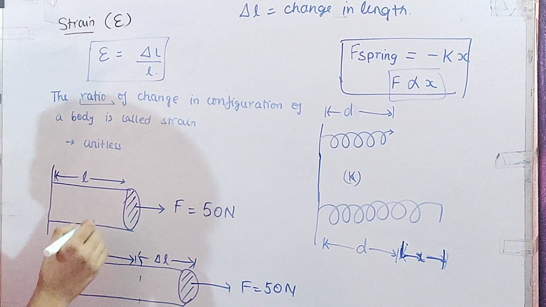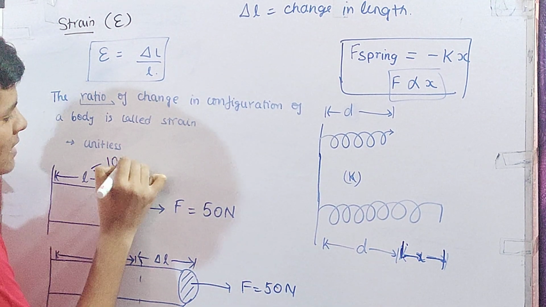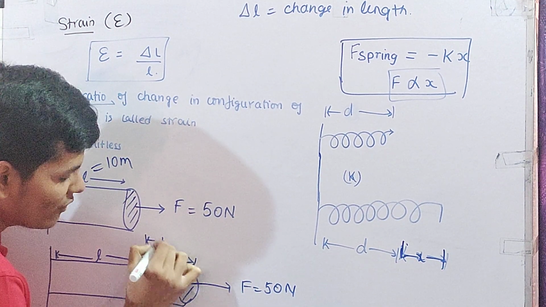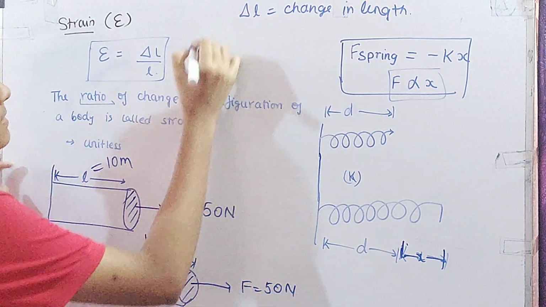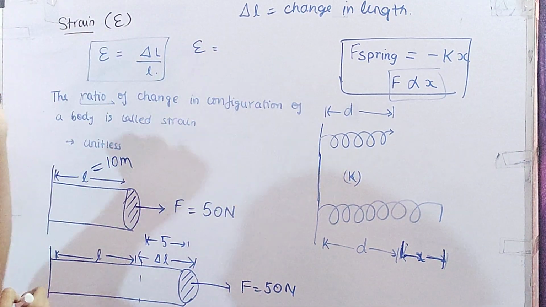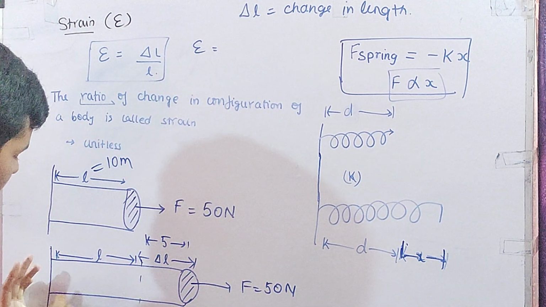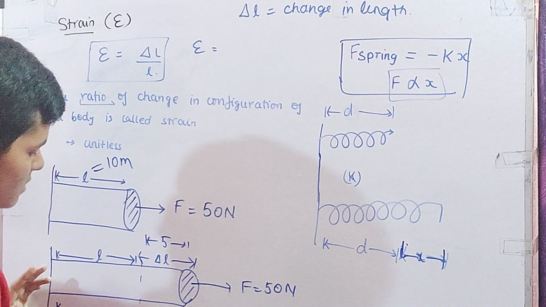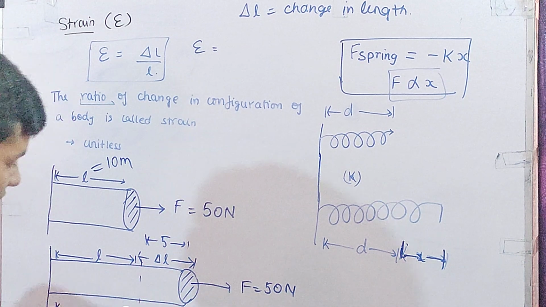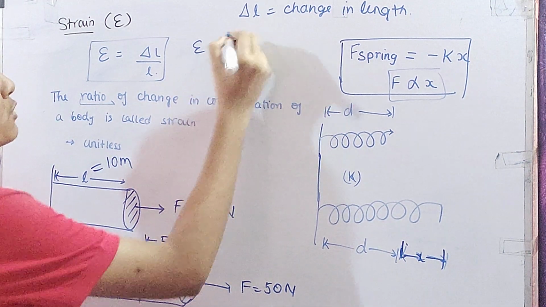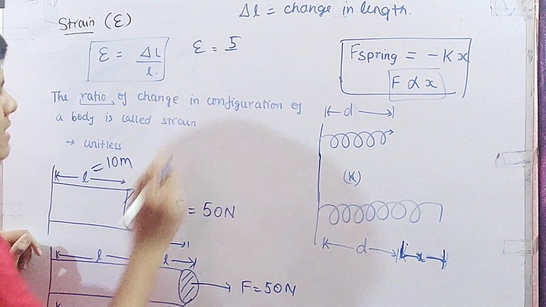Suppose this length was 10 meters and then we extended it by 5 more meters. Then what happens? E is equal to delta L. What is delta L? Delta L is actually the final minus the original. So let us suppose we extended it up to 15 meters. So delta L will be 15 minus 10, that is equal to 5. So 5 by, what was the original length? 10.